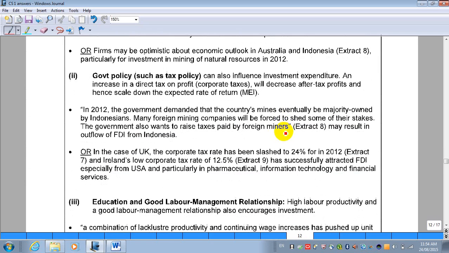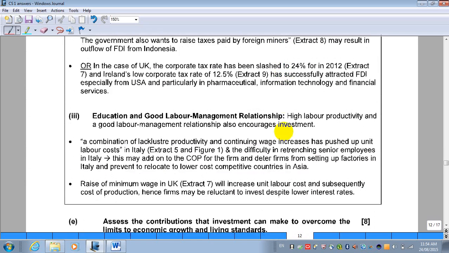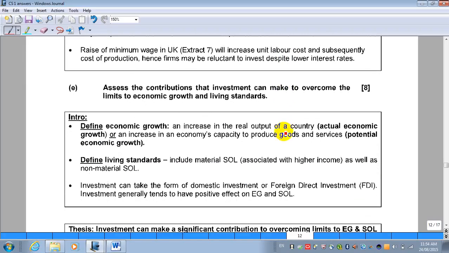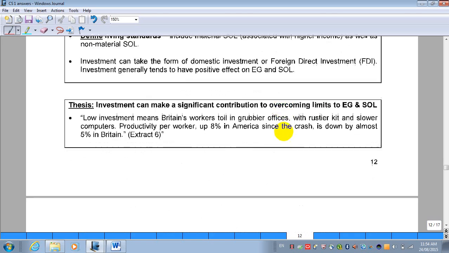I don't want to talk about the case of government policy. I think that was the main point that you can talk about. Now I'm going to skip E, because I don't particularly like the phrasing of this question. I will just move on to part F.